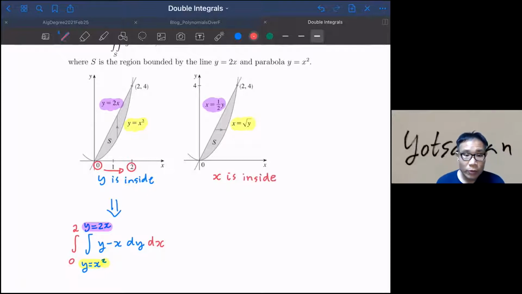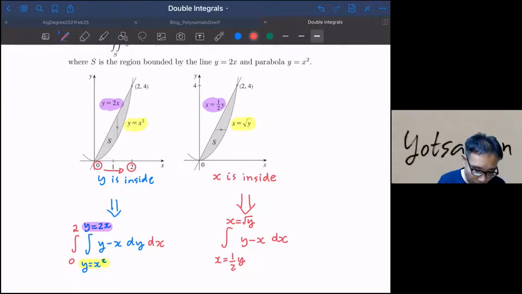Okay, so for x inside, you have the double integral. So it's going to be the left one, which is x equal to 1/2 y, to x equal to root y, of y minus x dx.